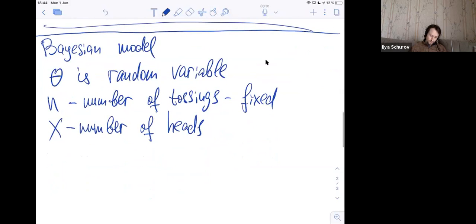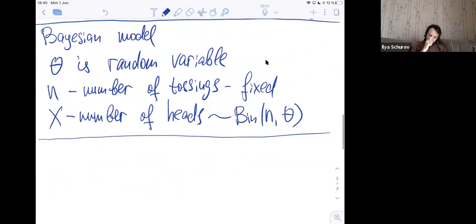And we believe that this x is binomial random variable with parameters n and theta. So this is just a formalization. We say that x is number of heads when we tossed n times a coin, such that probability of one head is theta. I need to impose some distribution about this theta. This distribution is called prior.